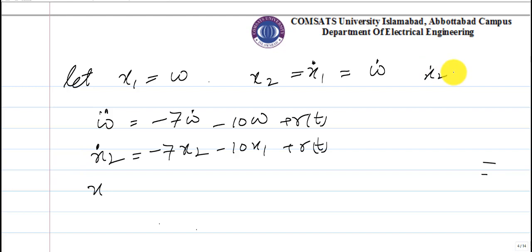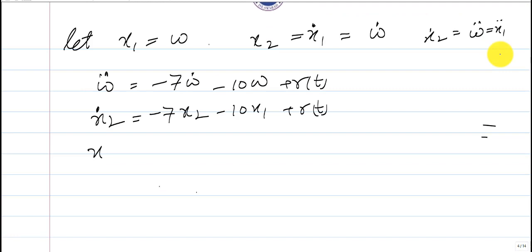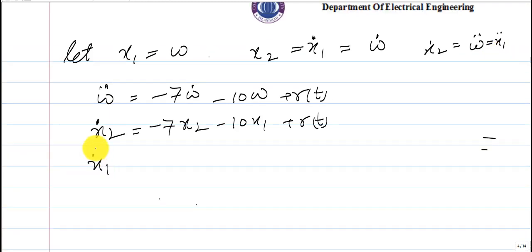So this is x2 dot, which is W double dot, which is x1 double dot. And x1 dot is equal to x2.